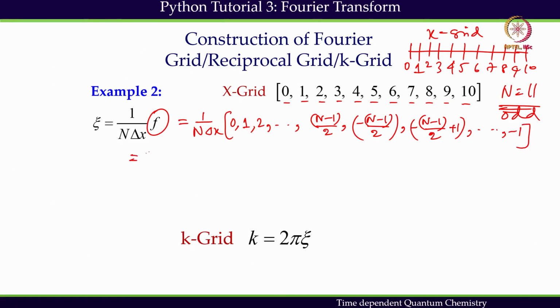So, we know that n is now 11, multiplied by delta x, which is still 1. So, what I have is 0, 1, 2, 3, 4, then 5, then I have minus 5, then minus 4, minus 3, minus 2, minus 1.